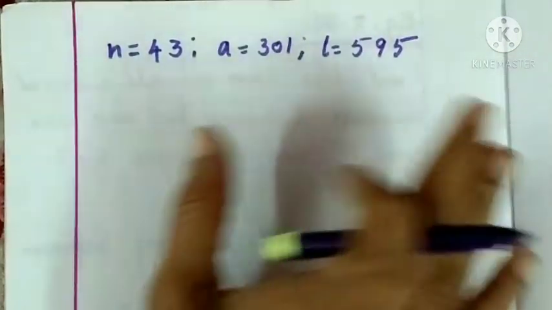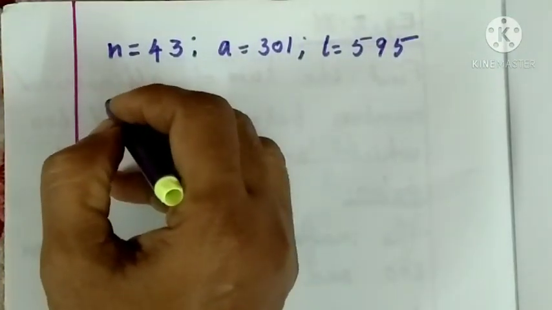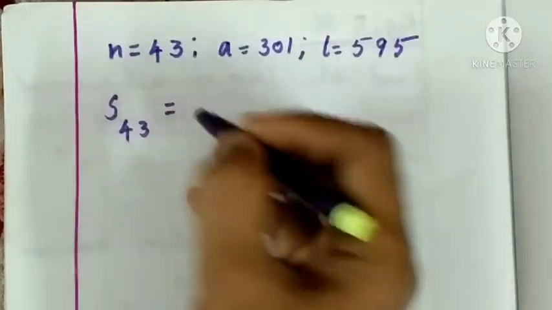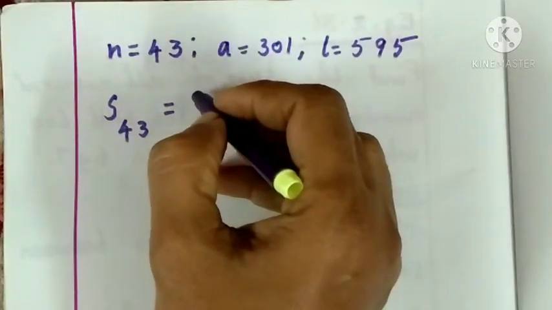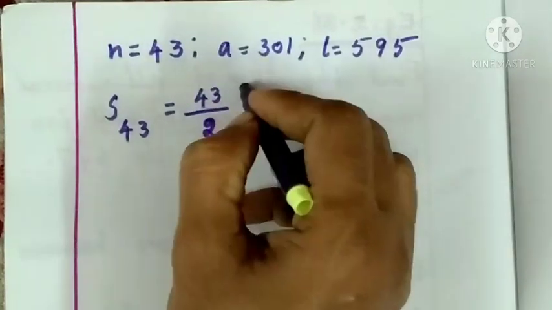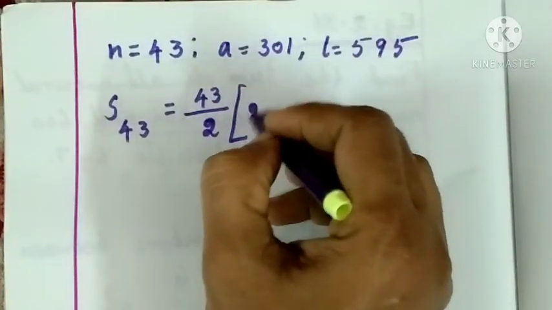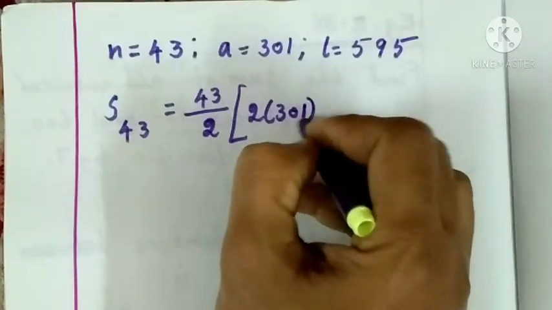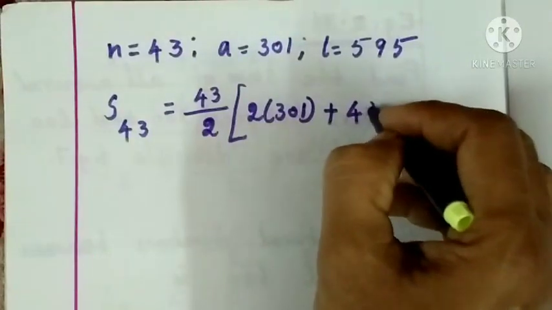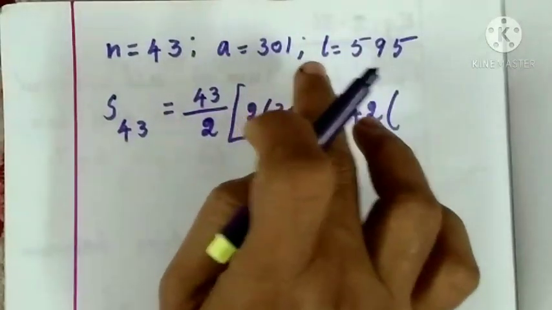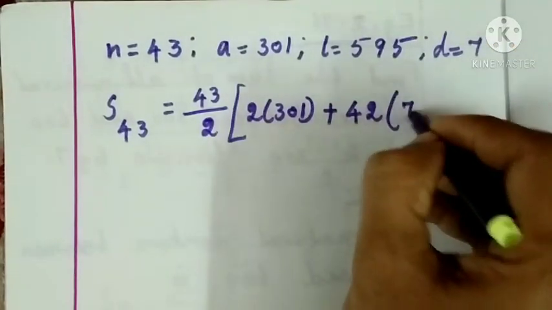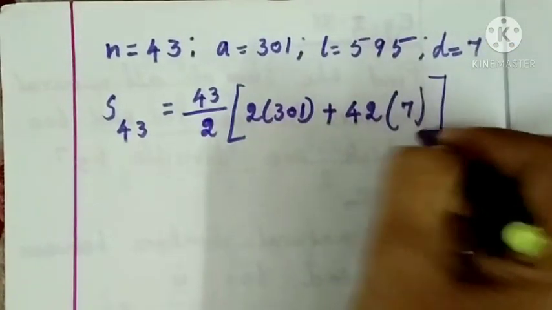Now you have to find the value of S43. Formula: n by 2, here n is 43. So 43 by 2 into (2a, that is 2 into 301, plus (n minus 1), 43 minus 1, 42, into d, common difference 7). Therefore 42 into 7.